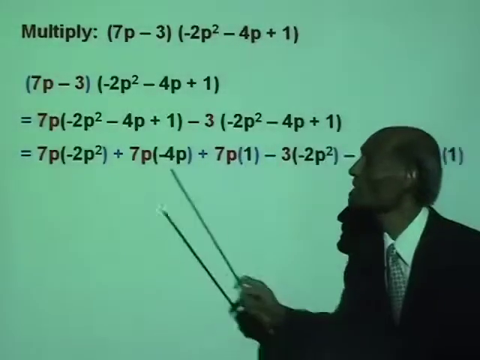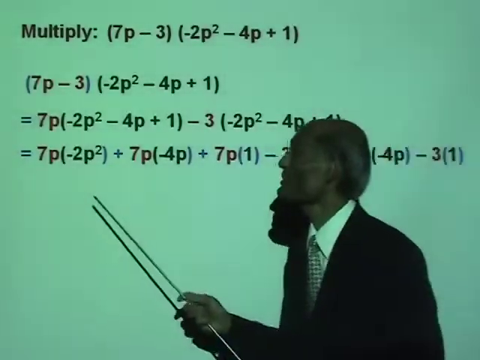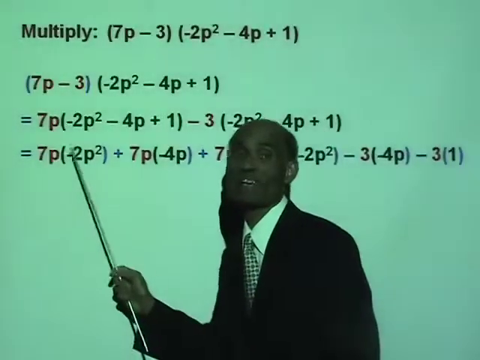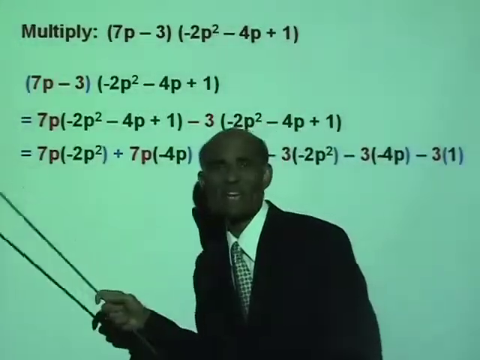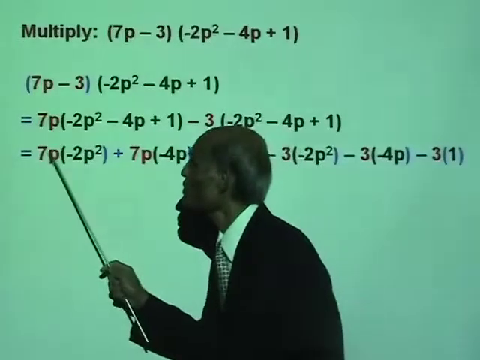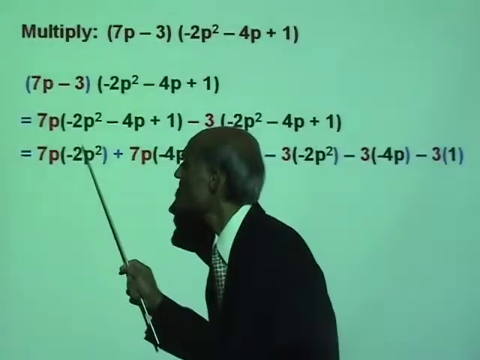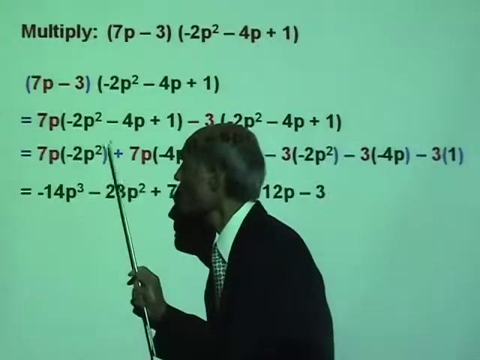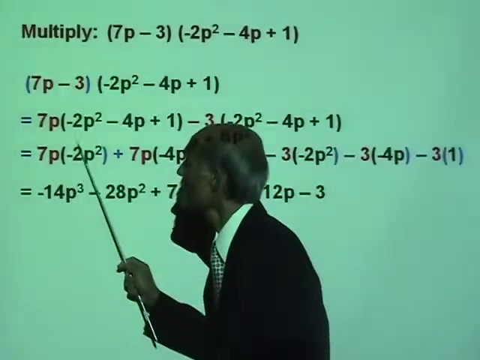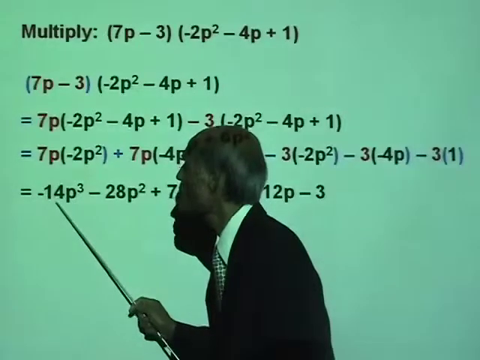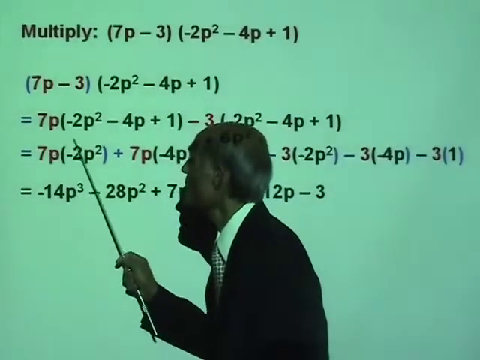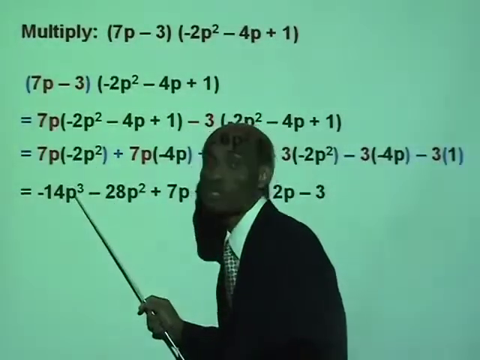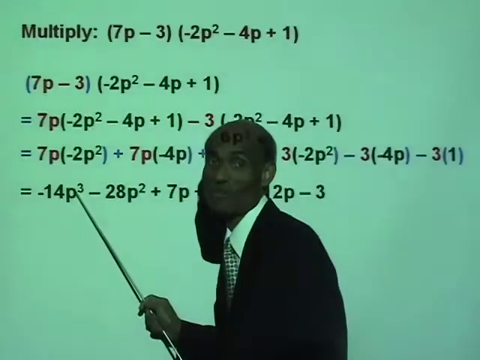Alright, we are now ready to simplify each of the terms. You can now multiply. I don't think you need any additional steps here. 7 times negative 2 is negative 14. P times p squared is p cubed. You should be able to now do that in one step.